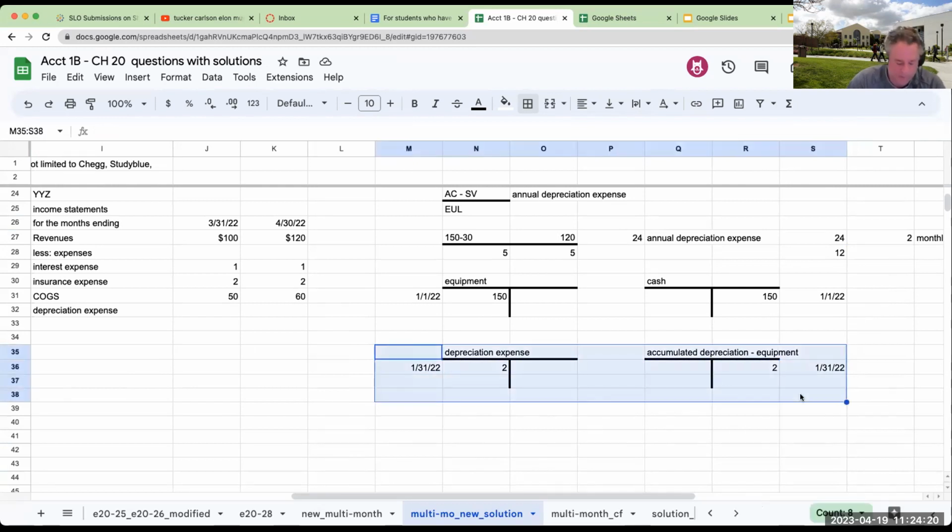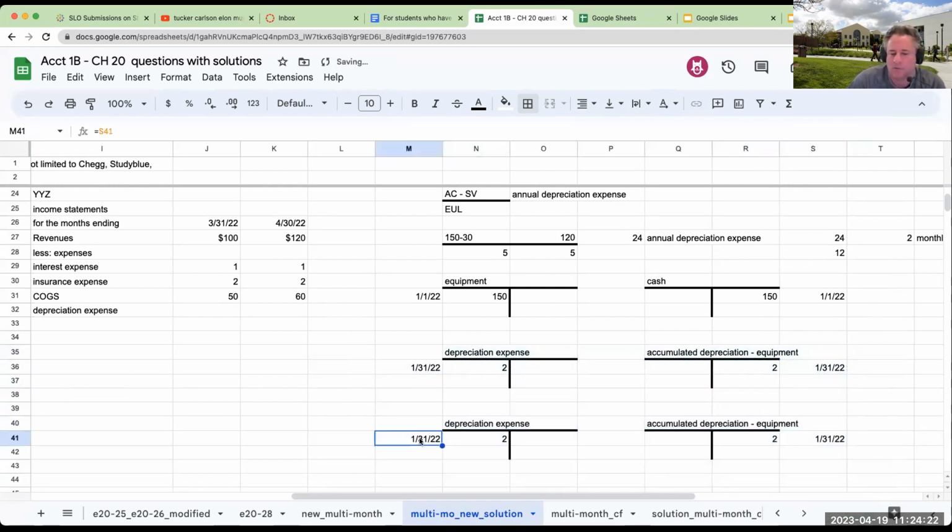What happens in the next month? Well, this would be closed out to retained earnings. Over here, my beginning balance on 2/1/22 was 2,000. And over here, how much depreciation expense do I record during April?